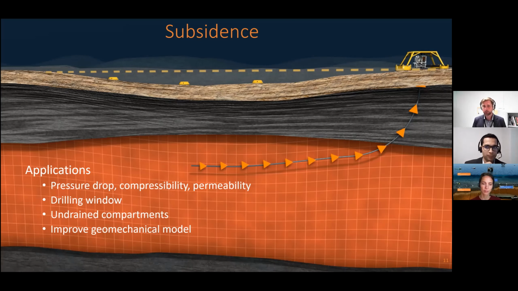So if you have some wells, you can calibrate the wells with the information you're getting from subsidence. You can basically get a quite good understanding of both what's happening inside the reservoir, but also in the overburden, which for some fields may be of interest.